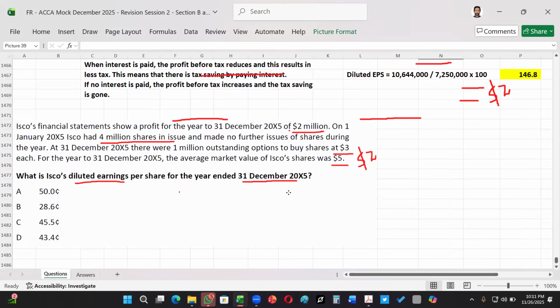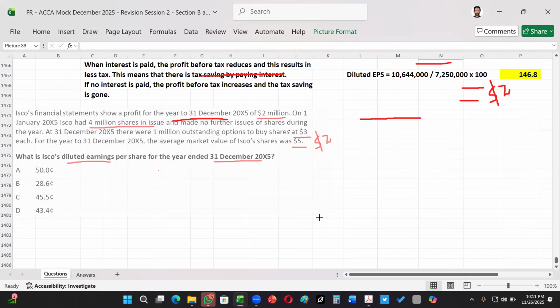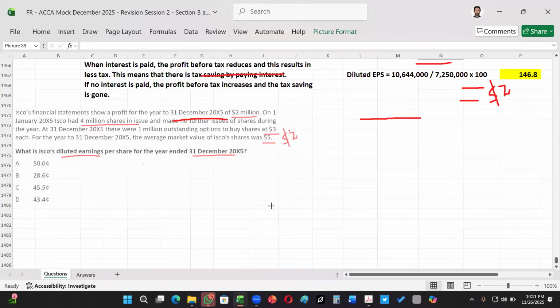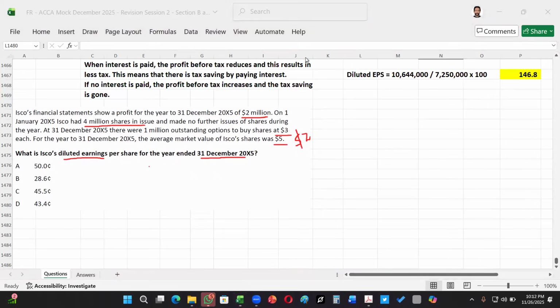However, these are the typical questions. But I would recommend you go for the questions on ACCA Hub, because ACCA have made slightly different questions which challenge your understanding.